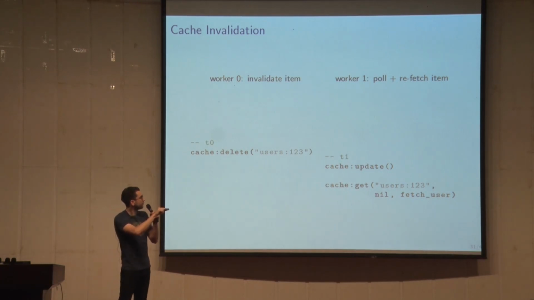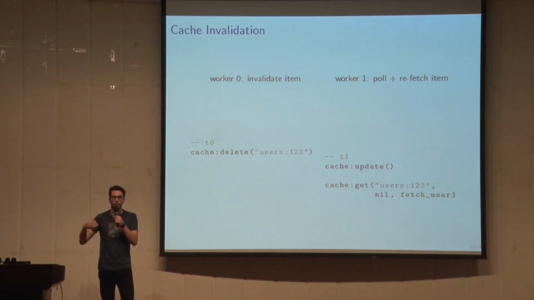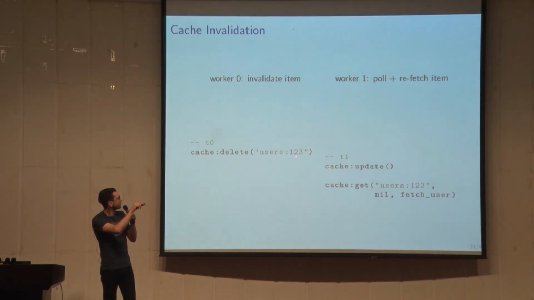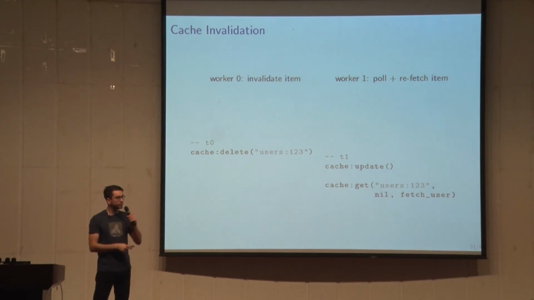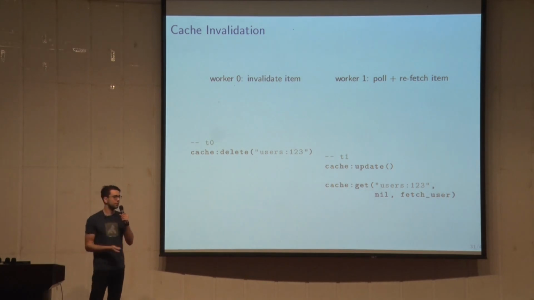And when it does so, it receives an event, like polling based, that tells mlcache this instance, oh, you need to delete this user. So it will actually delete it from the LRU, and then any subsequent call to get will actually invoke the callback again, because at this point this key doesn't have any value. So it's a polling-based implementation.